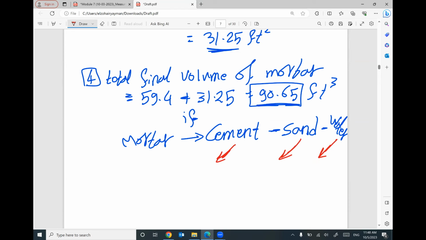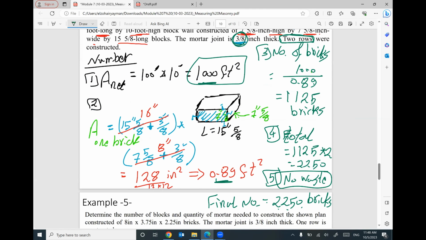But this is not a big deal right now. So far, I need to order 90.65 cubic feet of mortar to construct this wall, besides this number of bricks.